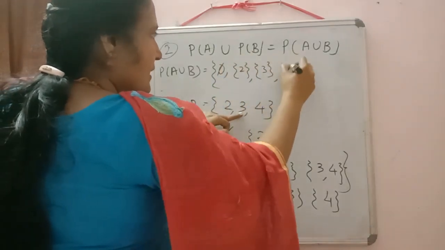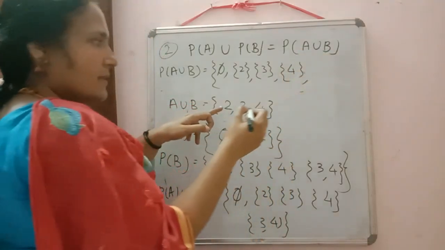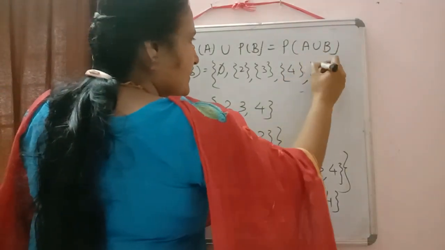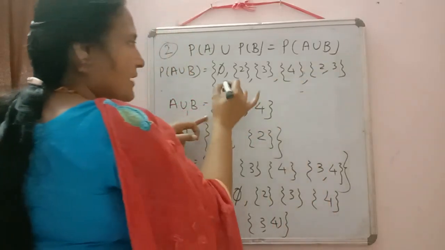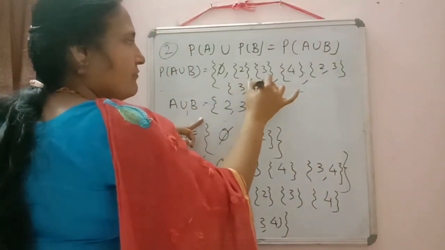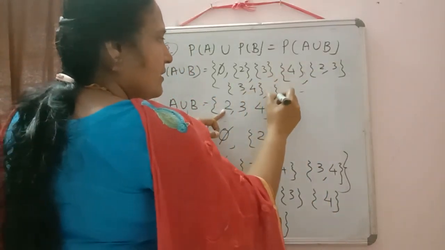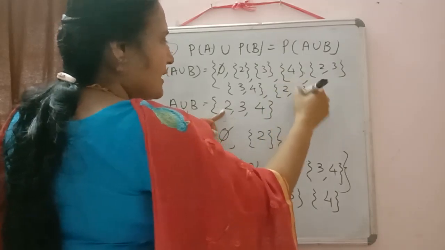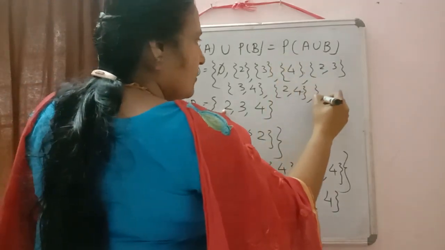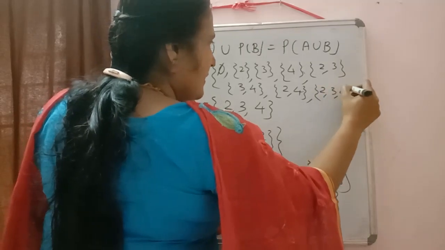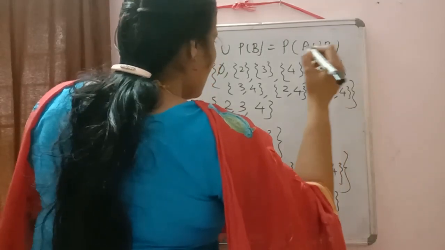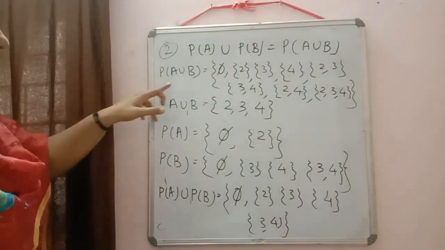Then set {4}. Then another possibility {2, 3}. Then what can be? {3, 4}. Then what can be? {2, 4}. Then any other possibility? Yes, the whole set {2, 3, 4}. So this will be the collection of all subsets of A union B.